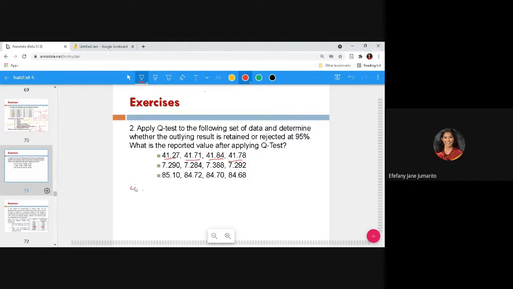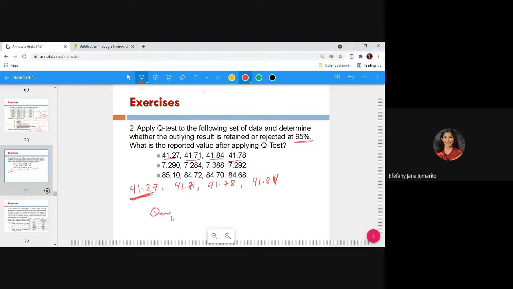So, first is 41.27, then next? 41.71, ma'am. Then 41.78, then 41.84. What do you think is the questionable data here? 41.27. Okay, this one. Now let's determine if we should retain this one or reject it, at 95%.